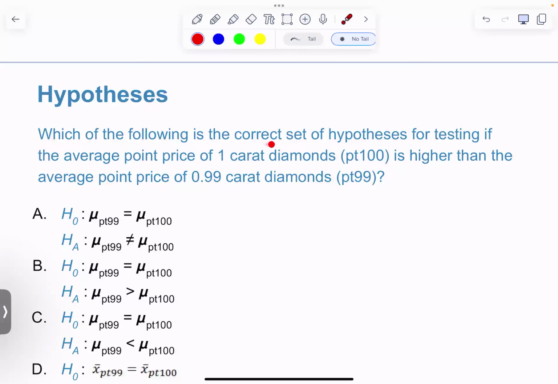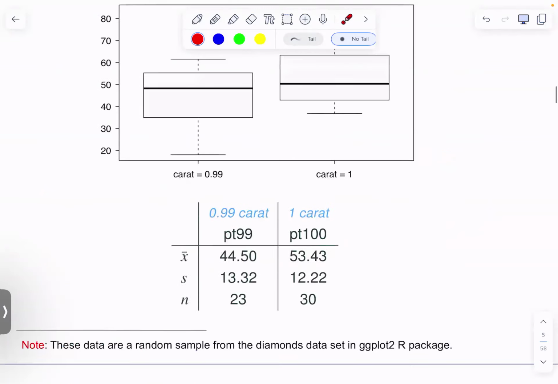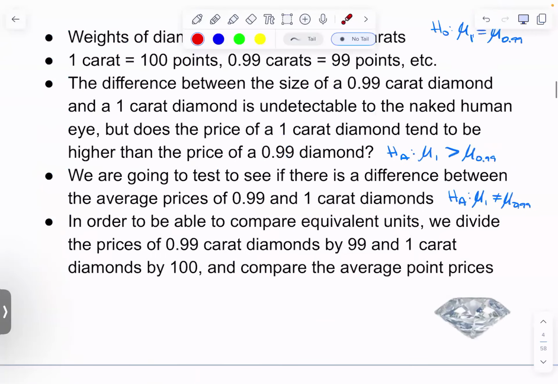Okay. Which of the following is the correct set of hypotheses for testing if the average point price of 1 carat diamonds is higher than the average point price of 0.99 carat diamonds? So we'll use that first one then. But I wanted to highlight the change in the wording, and how that would change your alternative hypothesis here. But we're going to use this one. Nope, this one.